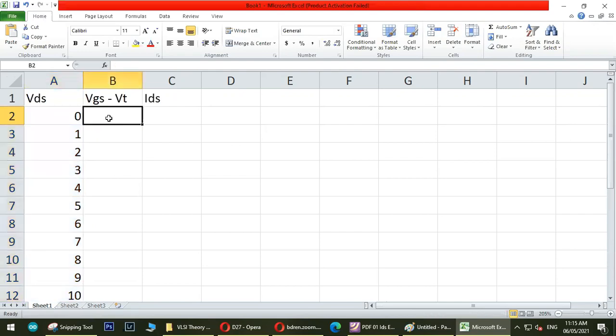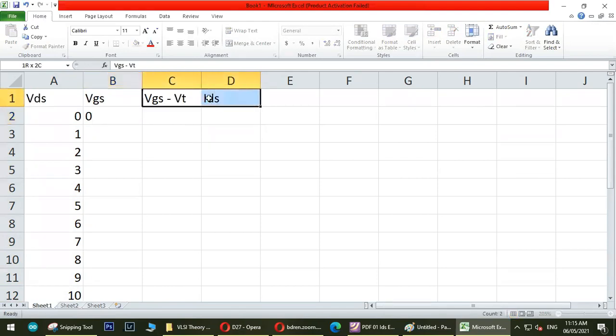Now your VGS minus VT. What is your VGS? Okay, no. Let's copy it. Let's paste it here. This will be your IDS. This will be your only VGS.